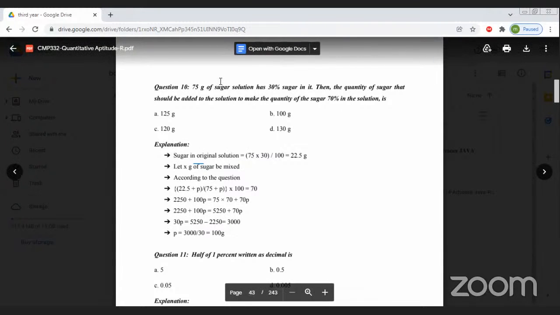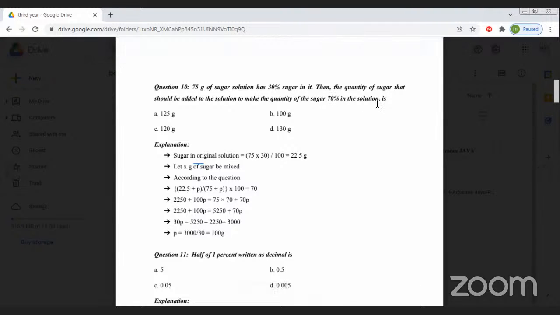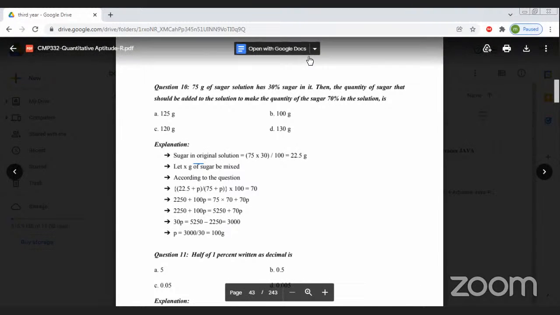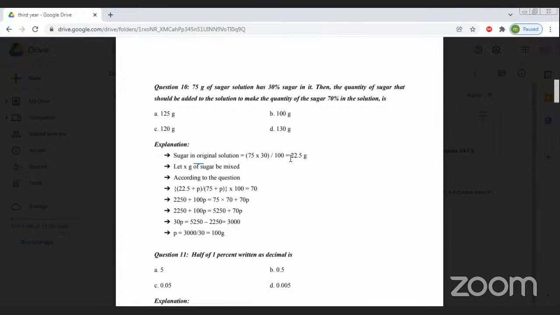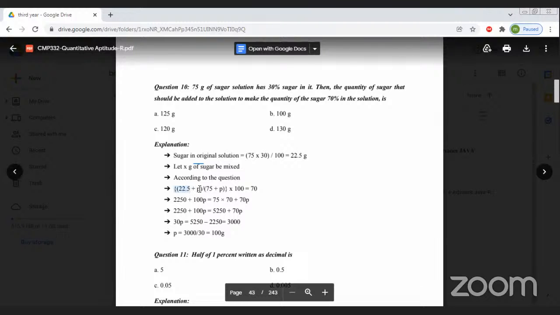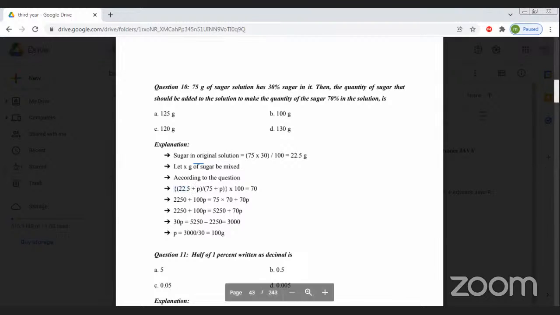Then the quantity of sugar that should be added to the solution to make the sugar 70% in the solution. Now we need to find the X part, that is the total gram of sugar, if I have to increase the sugar part to 70%. So let us consider P as the sugar being added. Total amount of sugar is 22.5 plus P. Now P stands for what?